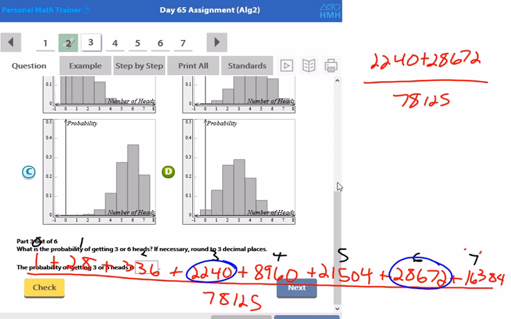They said round to the nearest 3 decimal places, so 0.396.